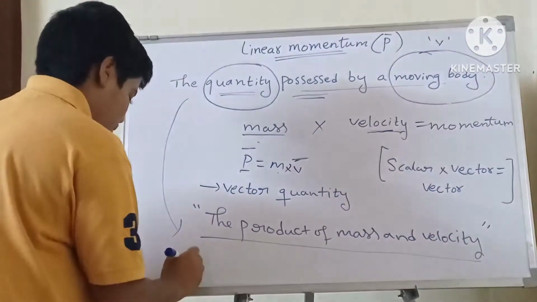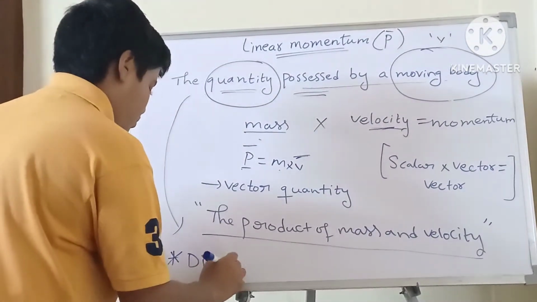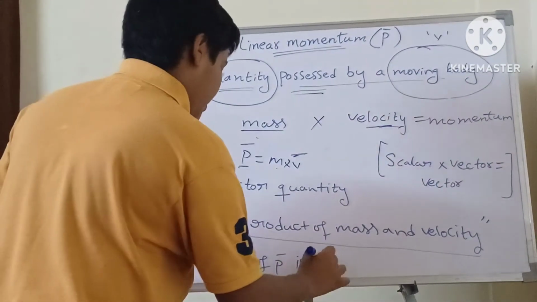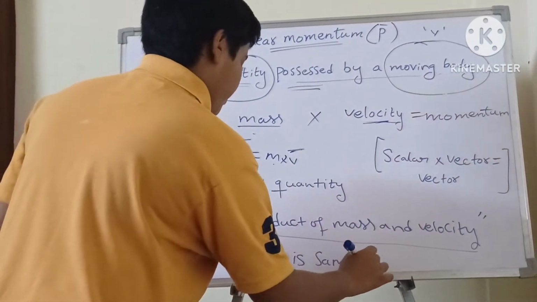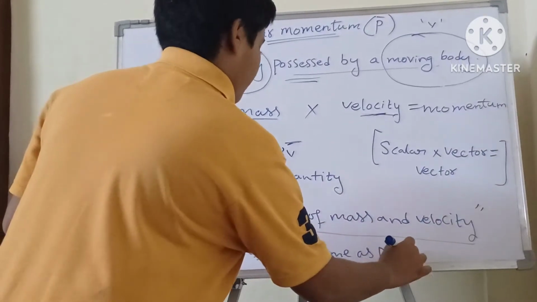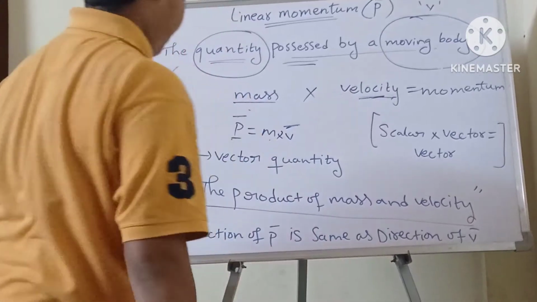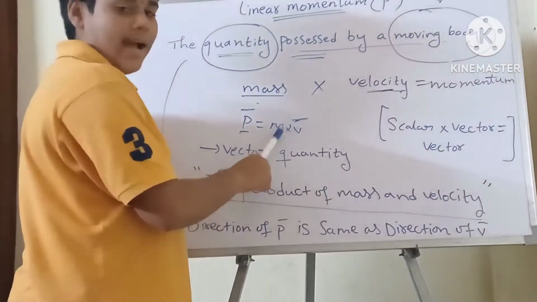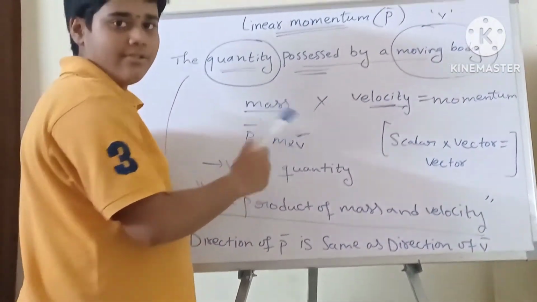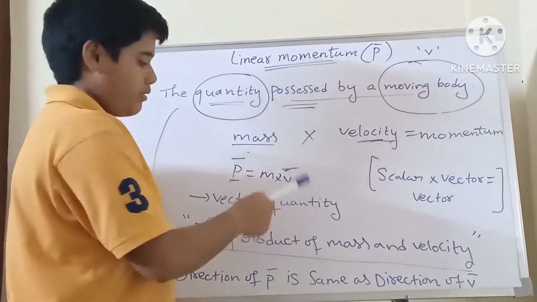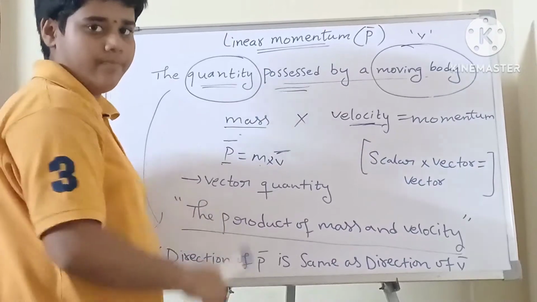Another important point: the direction of momentum is the same as the direction of velocity, because mass is a scalar and has no direction.